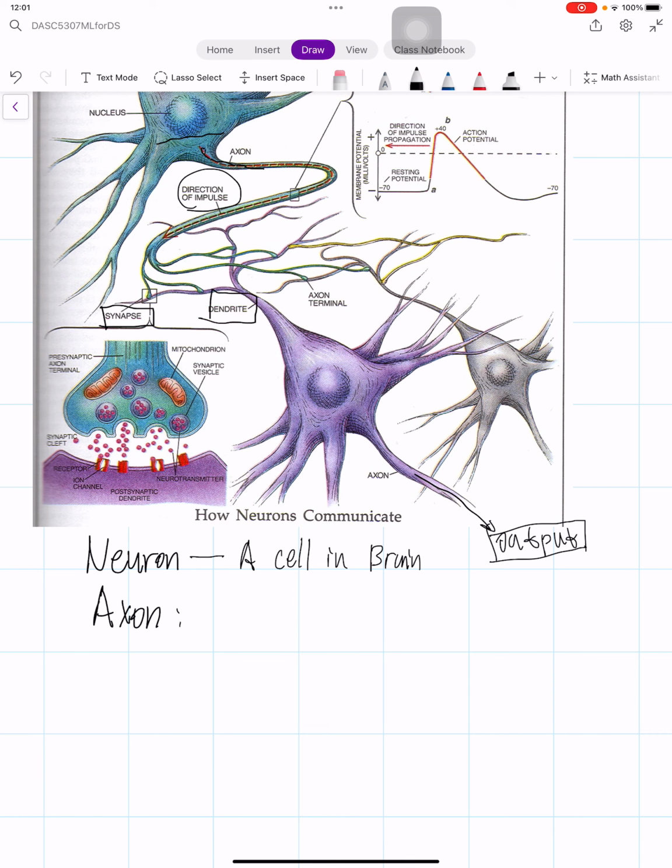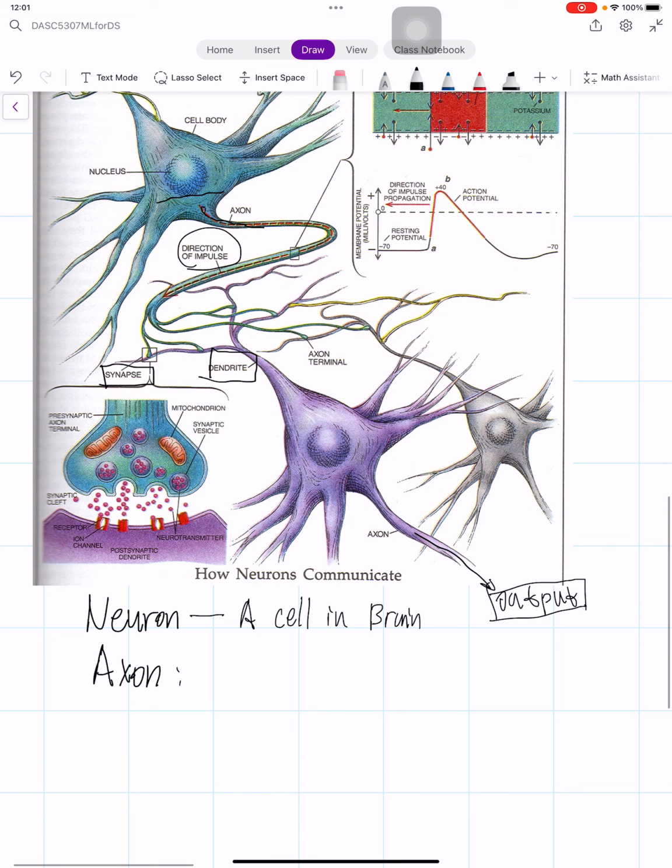A dendrite is a smaller limb by which a neuron receives information. So the upper neuron shoots signals from its axon, which connect through the synapse and are received by another neuron's dendrites.